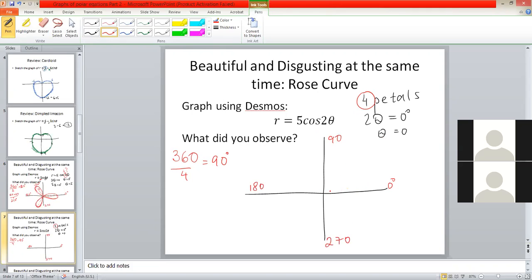And the length of each petal has to be 5. All right, I did my best, but it doesn't look that neat.